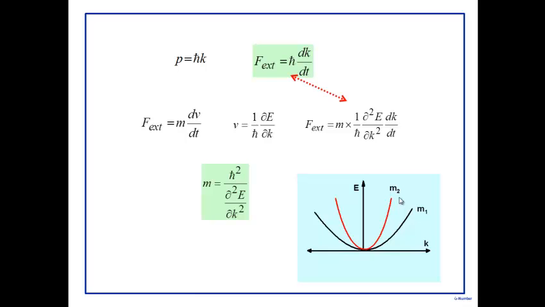Which one has a higher mass? We have a particle of mass m1 and a particle of mass m2. m1 is the higher mass. Everybody sees that? Well, of course, we'll get it from here: m equal to h bar square over del square E by del k square. You can take a double derivative and see that m1 is higher than m2.